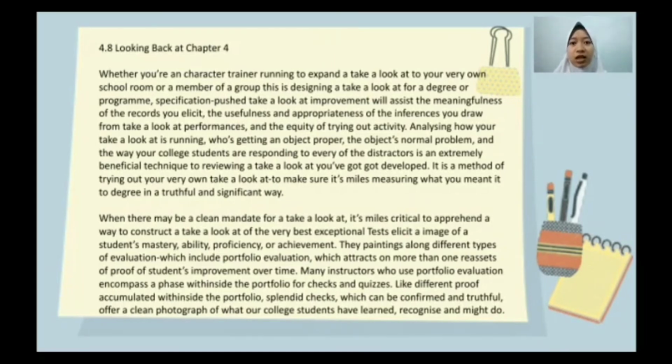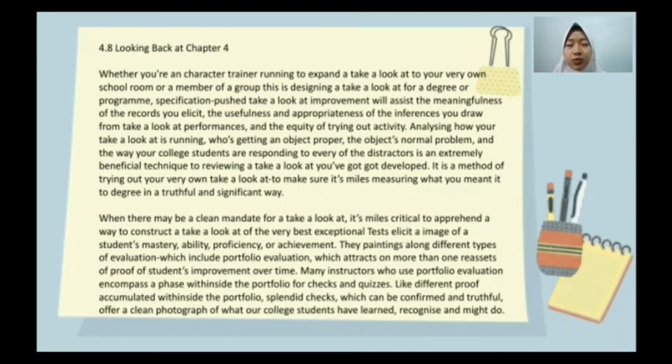They work alongside other types of assessment, such as portfolio assessment, which draws on multiple sources of evidence of student development over time. Many instructors who use portfolio assessment include a space in the portfolio for tests and quizzes, like other evidence collected in the portfolio.